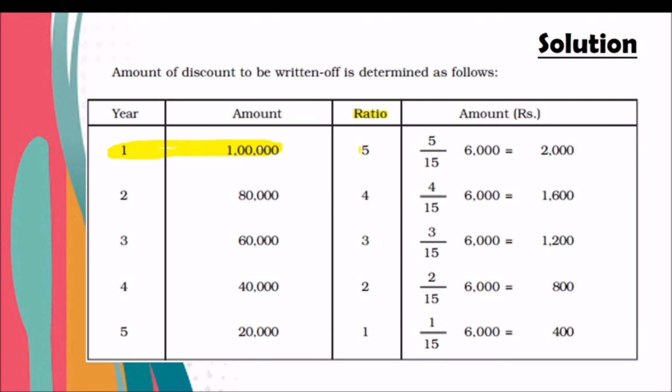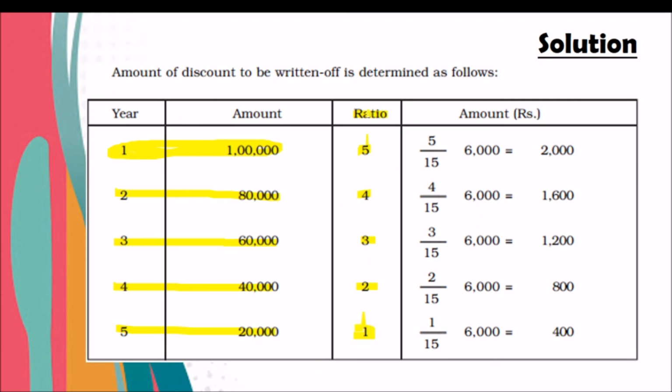So this 1 lakh is available for 5 years, and after paying 20,000, the remaining 80,000 is for 4 years, and after payment of the third installment of 20,000, 60,000 will be there for 3 years. After paying 20,000, the remaining 40,000 will be for 2 years, and in the last year 20,000 is payable to the debenture holder.